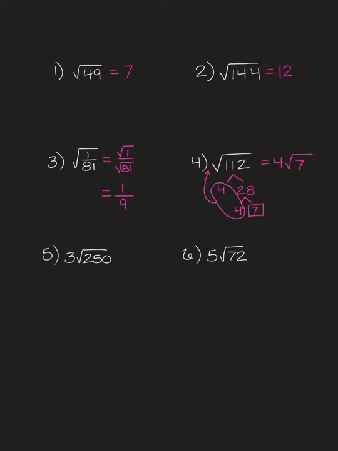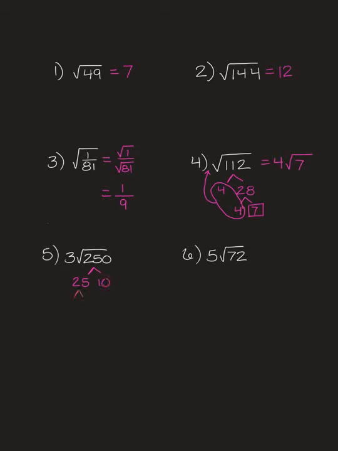So now let's take a look at number 5 here. We have 3 times the square root of 250. So remember, anytime that you have a number on the outside, any pair that you take out, you will multiply by that number. So let's break down 250. I know that that is 25 and 10.